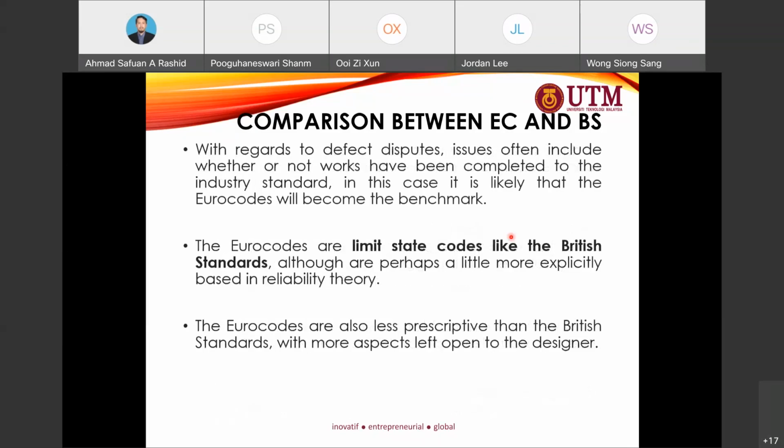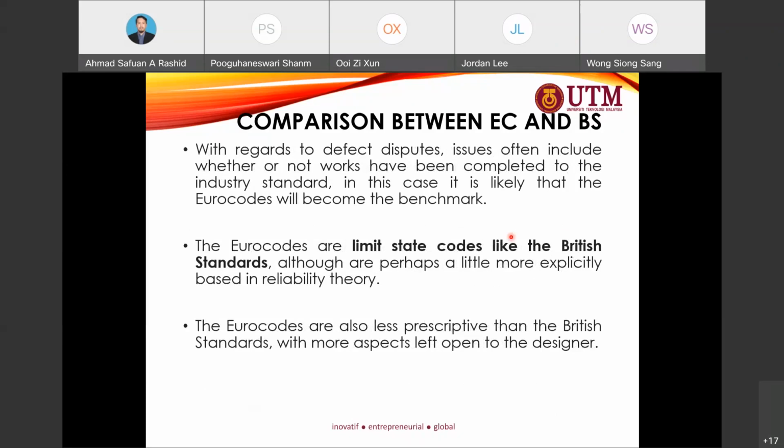With regard to defect disputes, issues often include whether or not works have been completed to the industry standard. In this case, it is likely that the Eurocode will become the benchmark. The Eurocodes are limit state codes like the British standard, although perhaps a little more explicitly based on reliability theory.